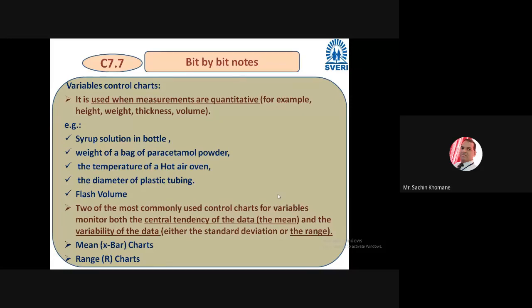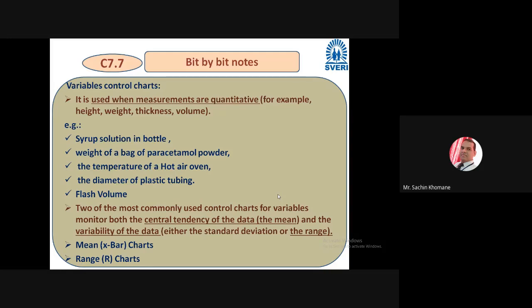Friends, variable control chart is used when measurements are quantitative. You may have heard the words like quantitative and qualitative. Quantitative means what? For example, that we can measure. Height we can measure, maybe in centimeter, meter; weight in kg, gram; thickness maybe in meters; volume in meter cube.